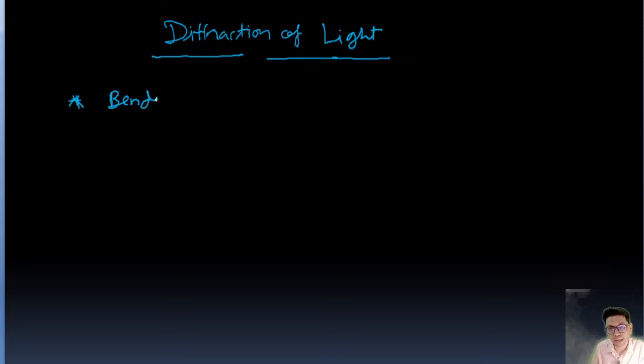Diffraction of light means bending of light, that is, bending of light at sharp edges or at the edges of slits. I'll explain it. I'll make a diagram for it.